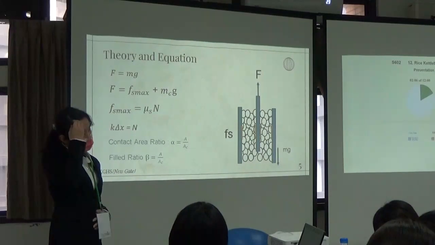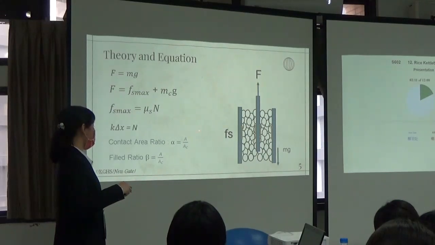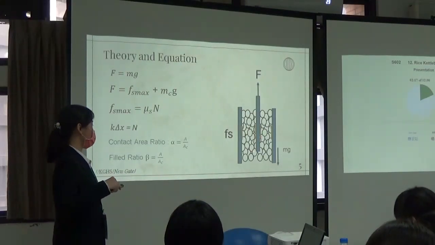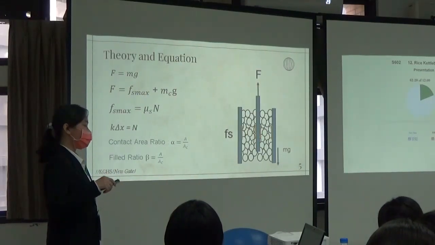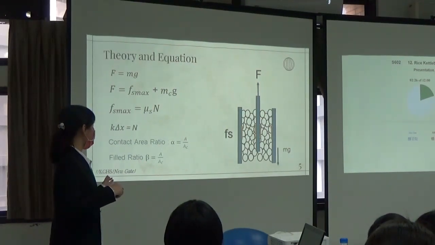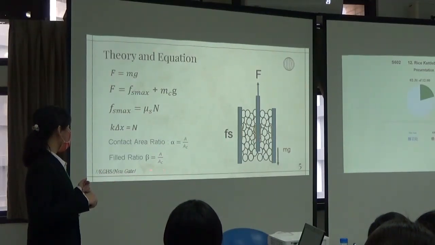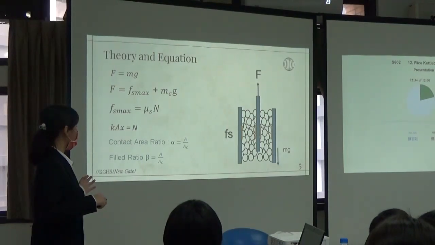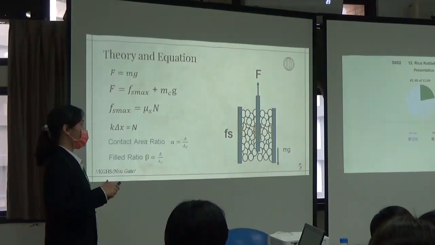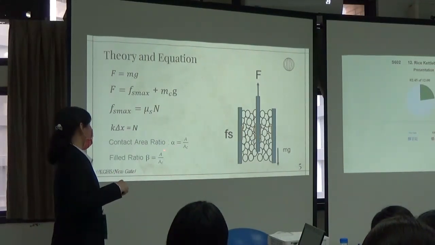We are also going to define two parameters. One is alpha, which equals the actual area of contact between the rice and the stick, divided by AC, the area the stick has. This is the first ratio, alpha. The second is the fill ratio, beta, which is the amount of rice inside, that is, the height and the amount of rice it has.